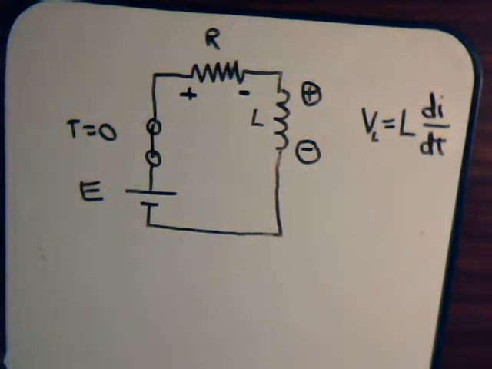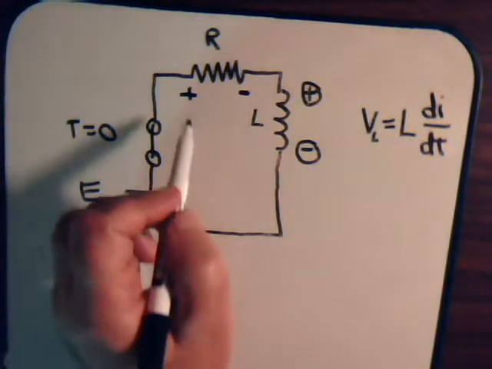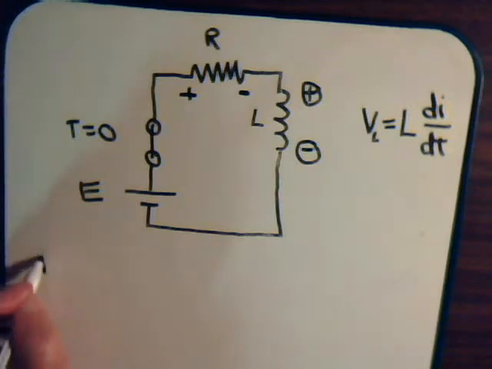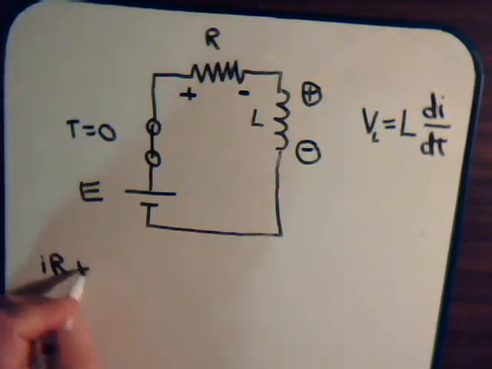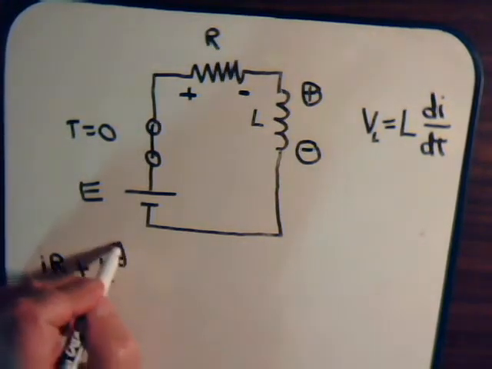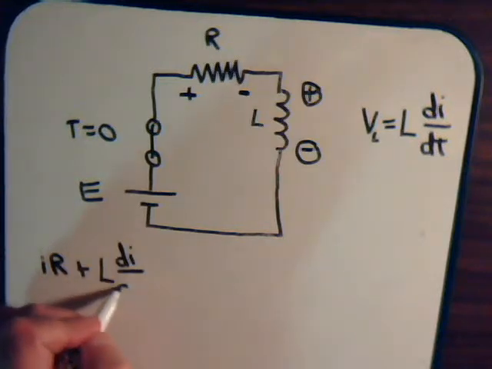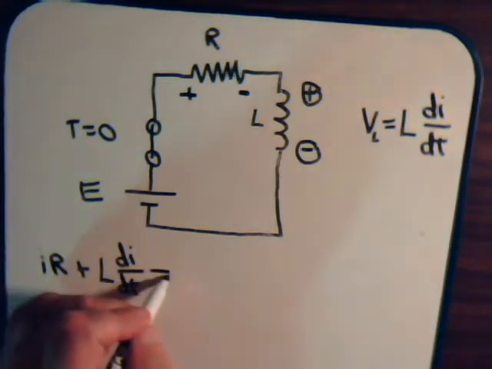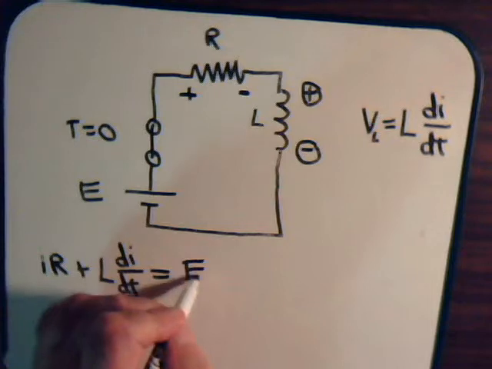That's Lenz's law. Now, if we sum the voltage drops across this circuit, we have I times R plus L di/dt equals E.